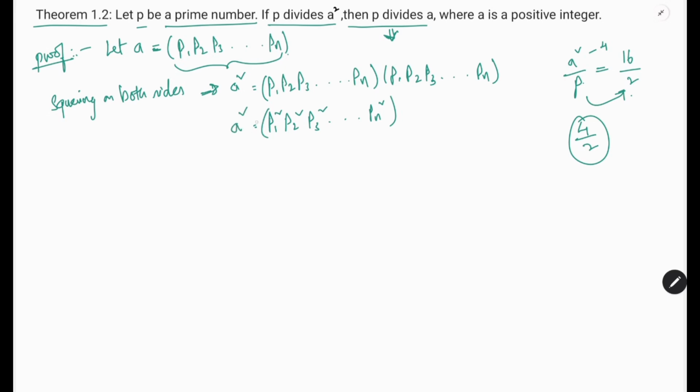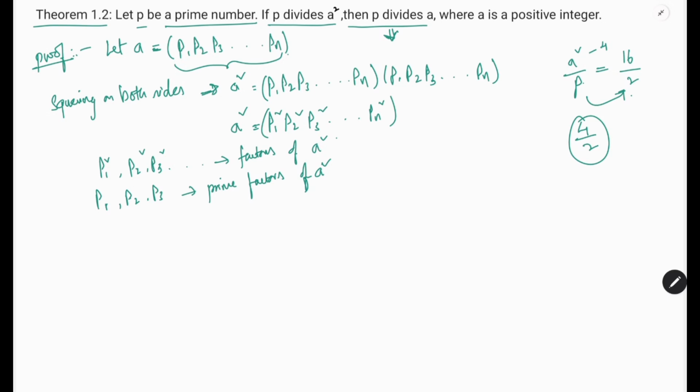This is a square. Here p1 square, p2 square, p3 square are factors of a square. And p1, p2, p3 are the prime factors of a square.